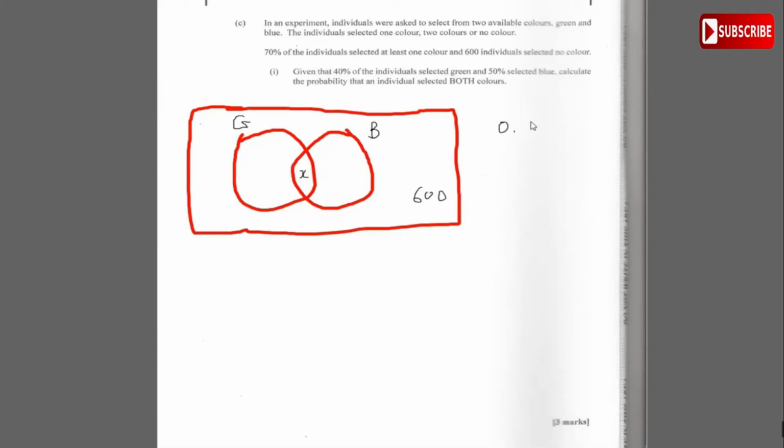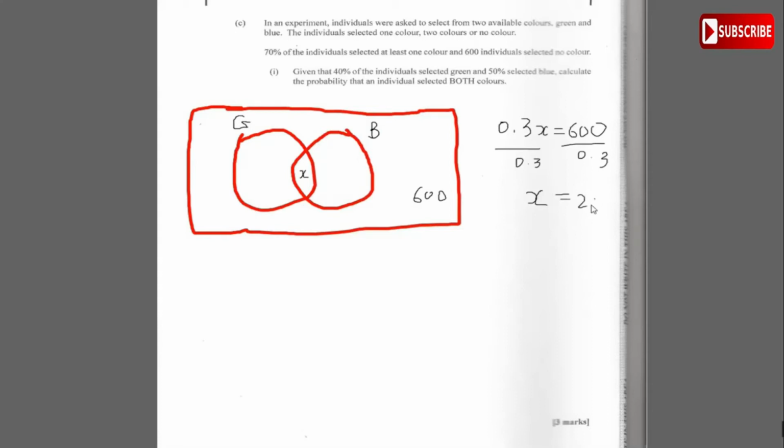So by calculation, 0.3 times the total number of people is equal to 600. If you divide both sides by 0.3, that gives you the total population. The total population in the school is X equal to 600 over 0.3, which is 2000.